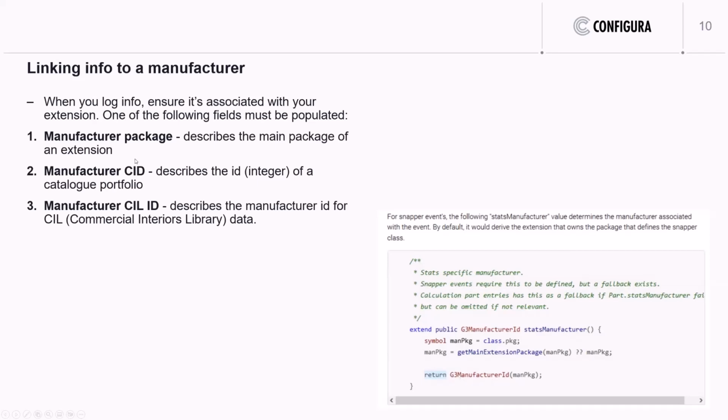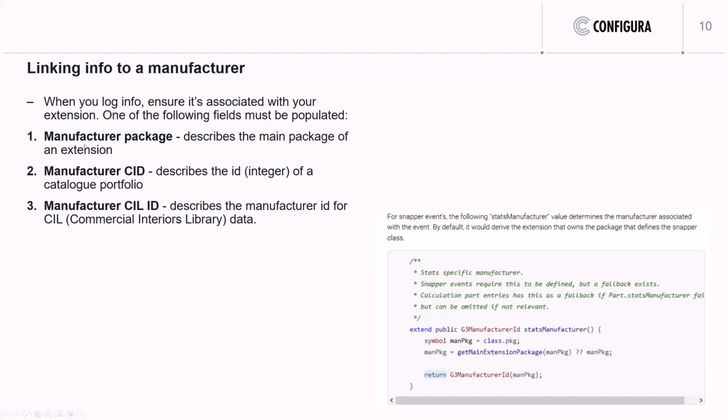And you can construct that with one of 3 different pieces of information: your package, or your catalog portfolio ID, or your manufacturer ID for commercial interiors library data. Now, the catalog portfolio ID will link it based on certain portfolios, but portfolios are owned by certain manufacturers, so it still gets piped back to the overall manufacturer.